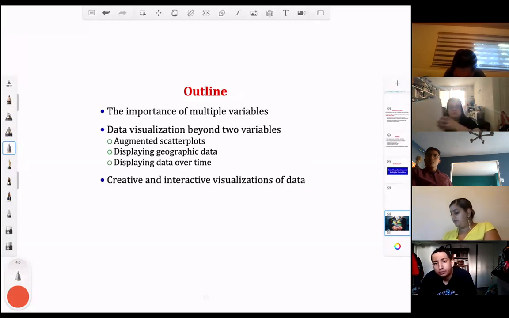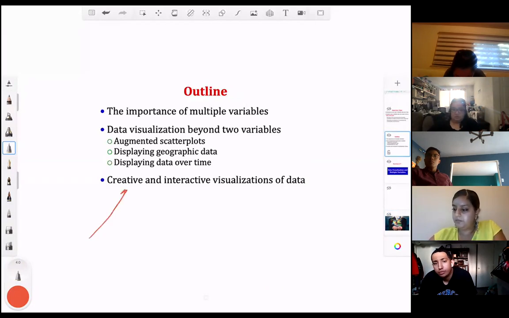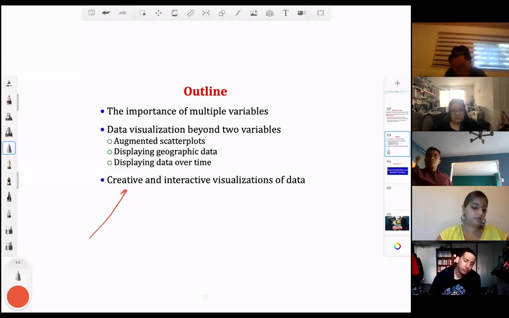Everything depends on you. How do you want to be creative? You have all the numbers, you have mean, standard deviation, maximum, minimum, but what color do you want to use is up to you. So you need to be creative. On the other side, you also need to be able to read the graph. If somebody else gives you a graph, you should be able to read it.